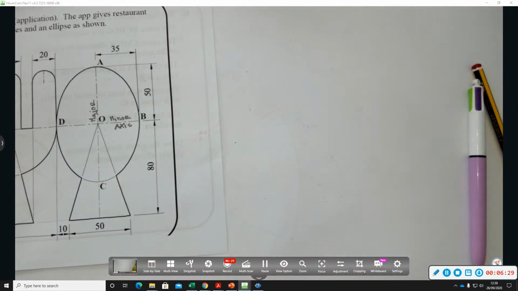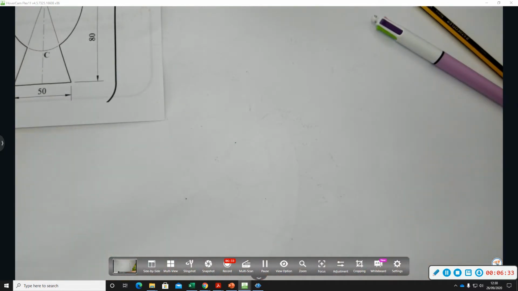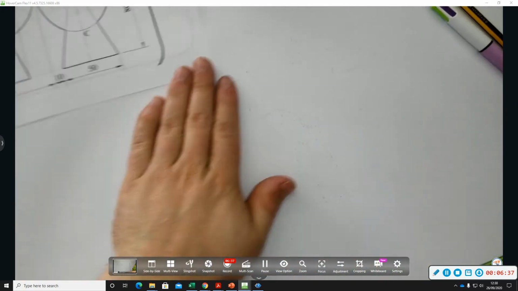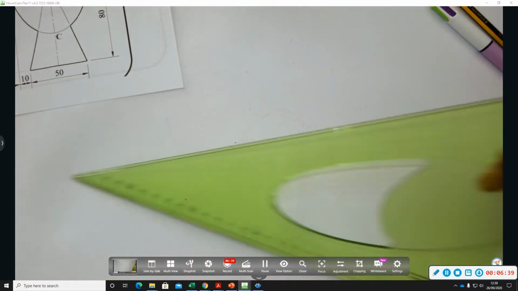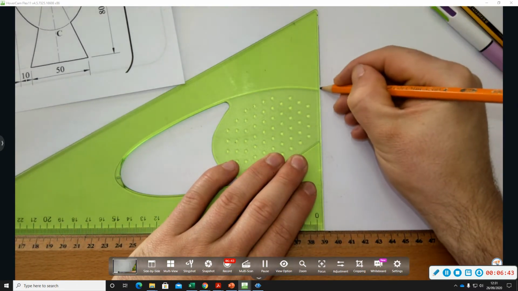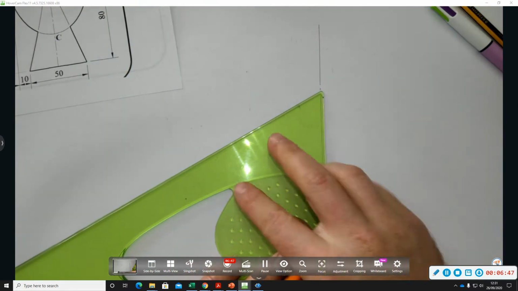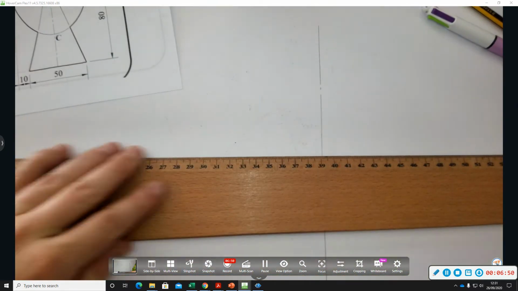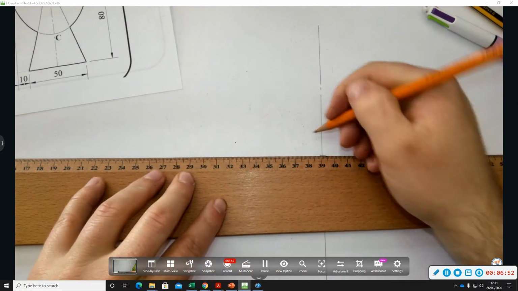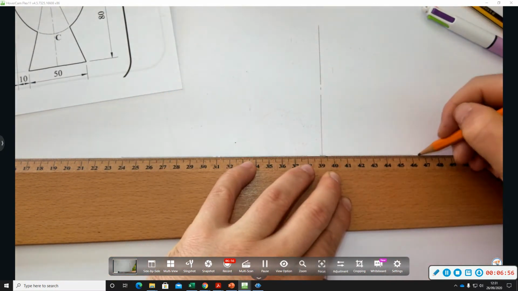Okay, so we're going to start. I'm drawing in my axes, so they can go on for as long as you want.